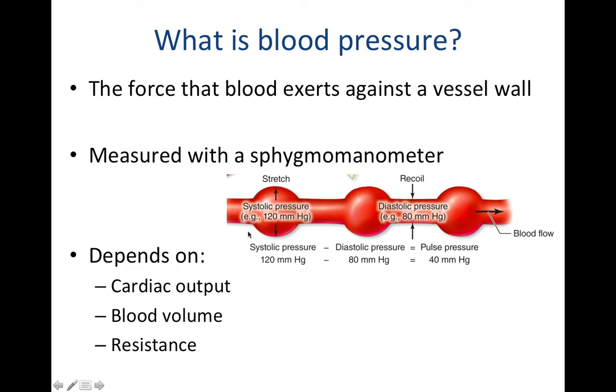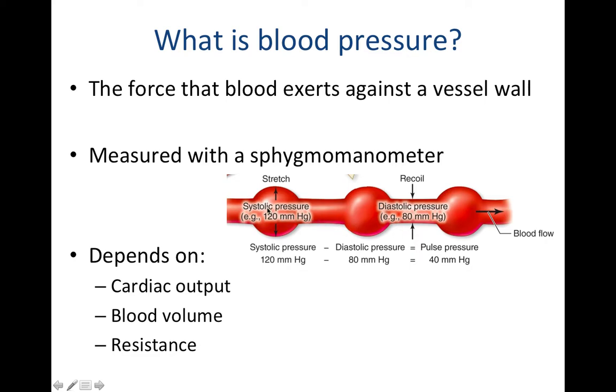We also want to measure how much pressure is exerted against your blood vessel wall when the vessel has recoiled back to its at rest state. And you may notice that these names, you have systolic pressure, which is the stretch on your blood vessels. You have diastolic pressure, which is the recoil of your blood vessels. And we measure those pressures.